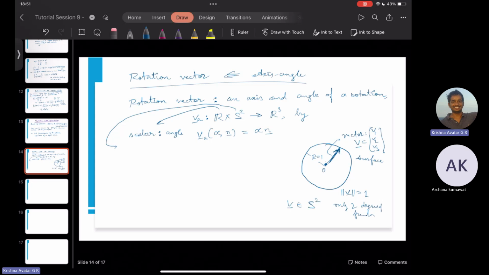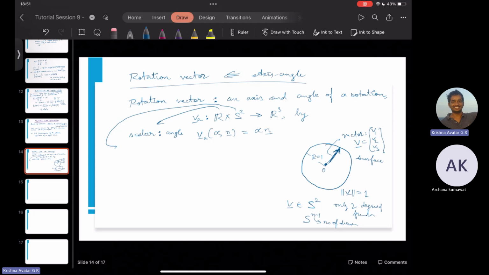So S2 represents a sphere in three dimensions. The convention is S to the power n minus 1, where n is the number of dimensions.